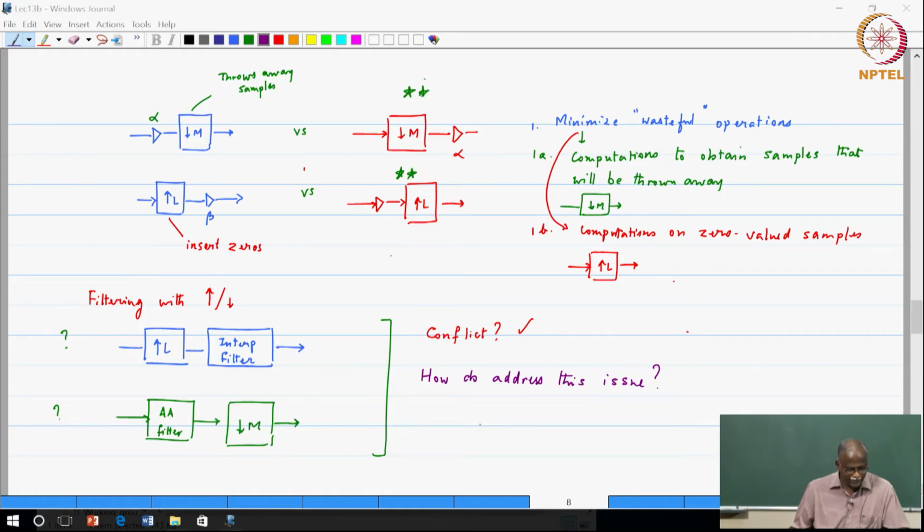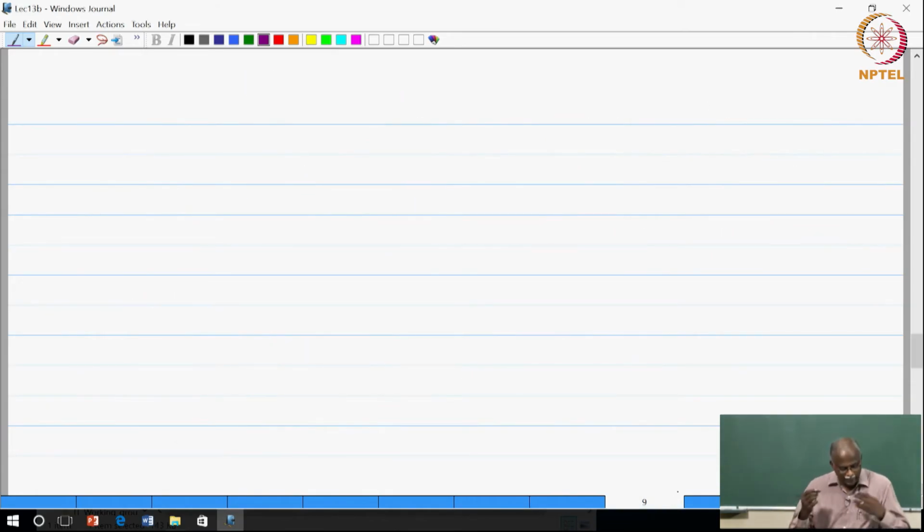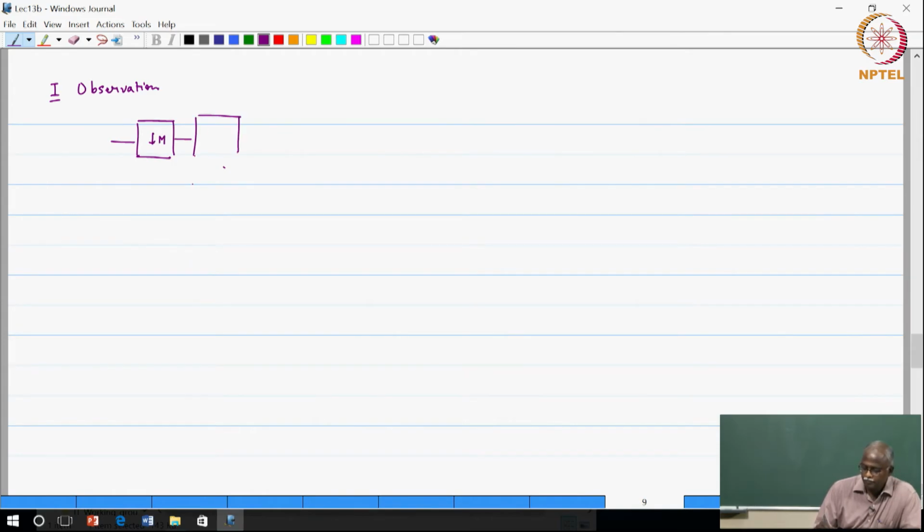So let us quickly dive in and build the blocks that we need. The first of the observations we will come up with, observation number 1, is that I want to look at downsampling followed by filtering. Let us assume this is a scenario where I am not so worried about the anti-aliasing part.